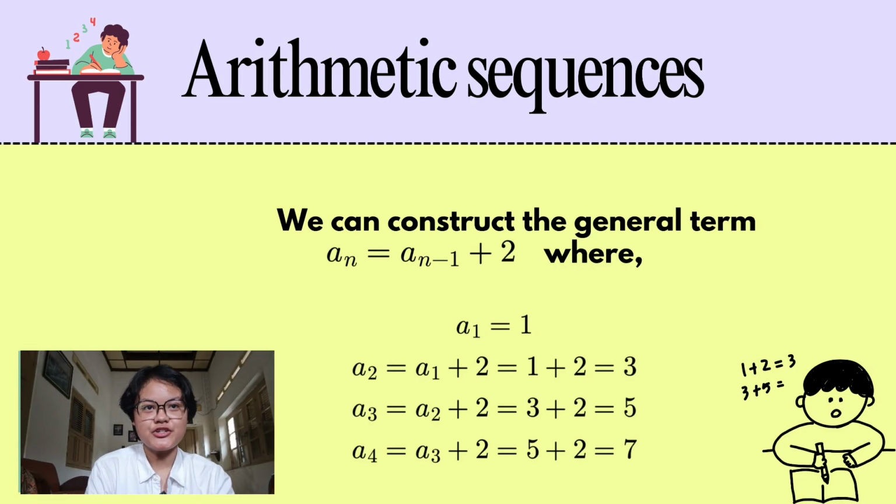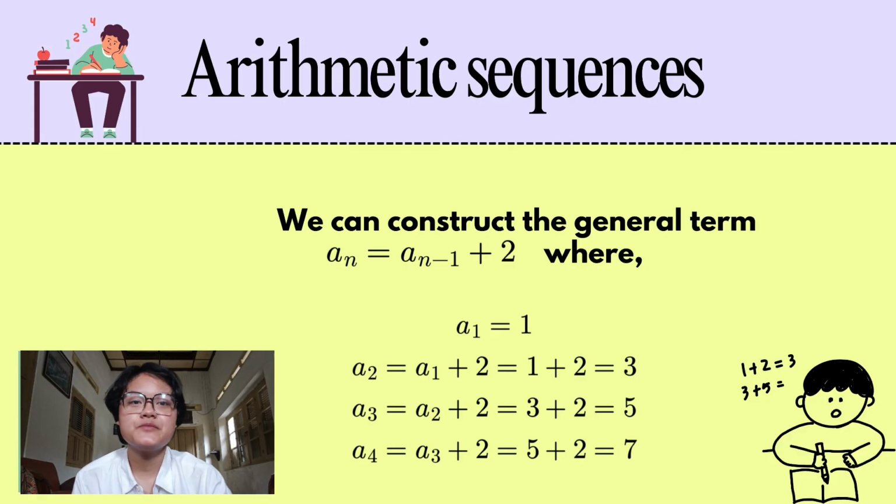So we can construct the general term a sub n equal a sub n minus 1 plus 2, where a sub 1 is equal to 1, and a sub 2 is equal to a sub 1 plus 2. We know a sub 1 is 1, so we get 1 plus 2 equals 3.